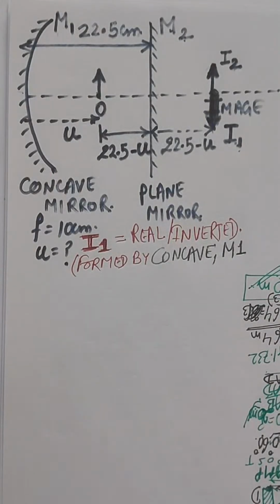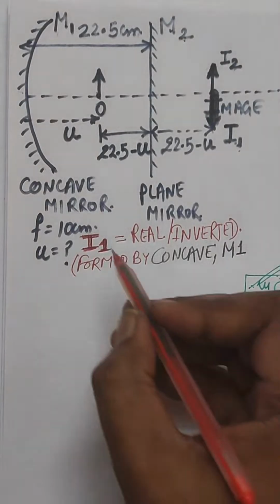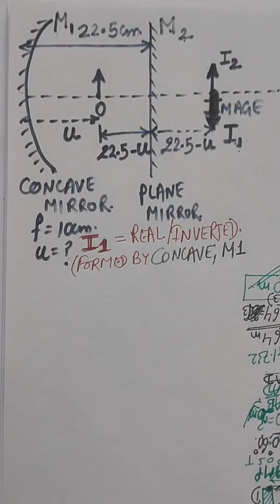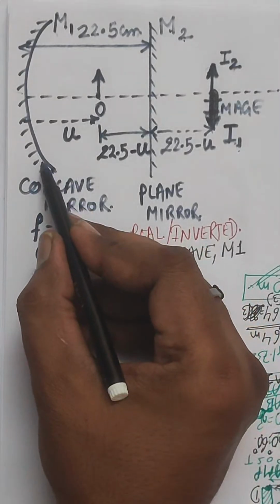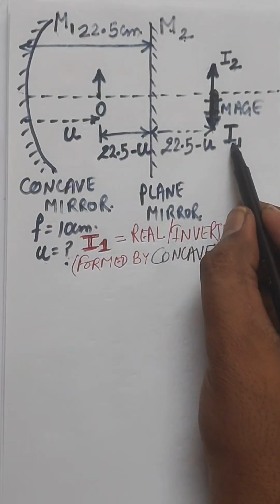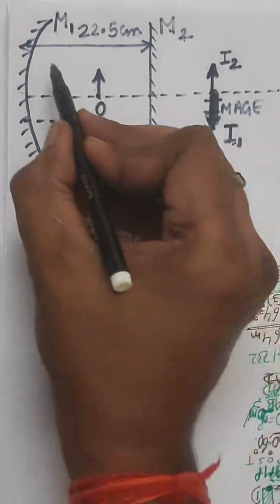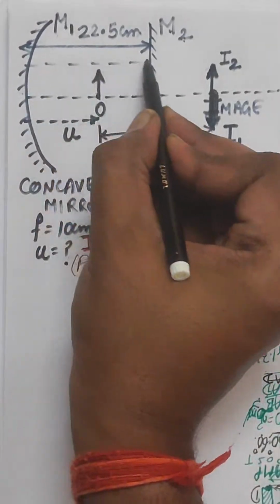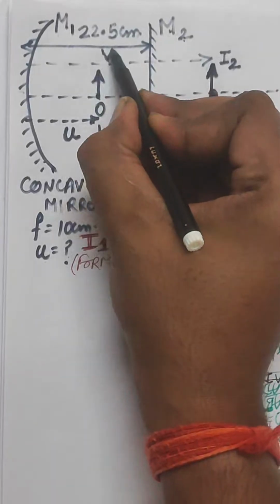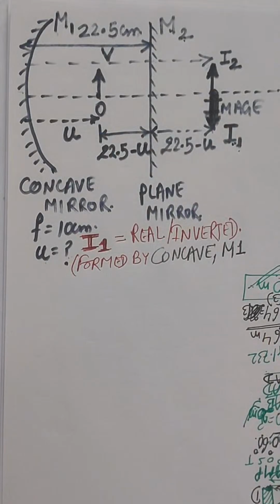Now we need to find the object distance u. So students, in this case, if you consider this concave mirror, then I1 is the image distance. So this image distance will be represented by V, isn't it?